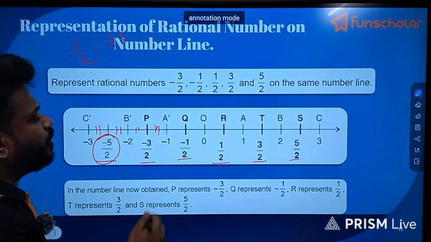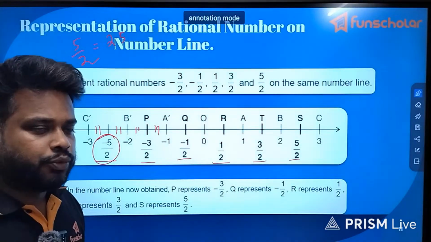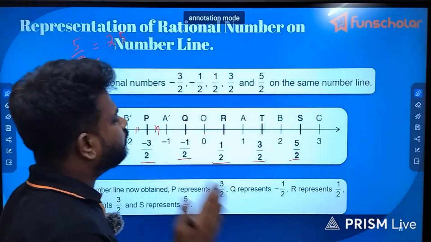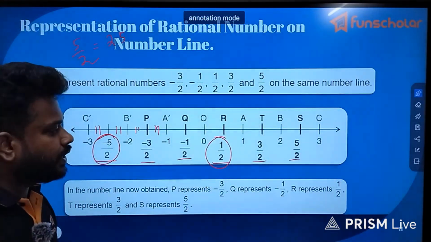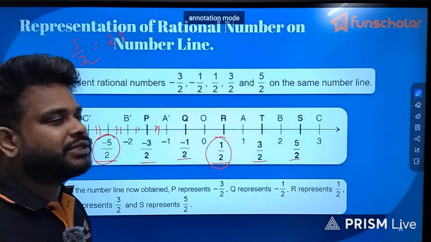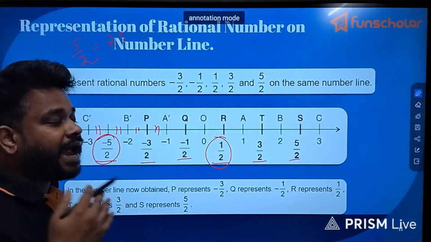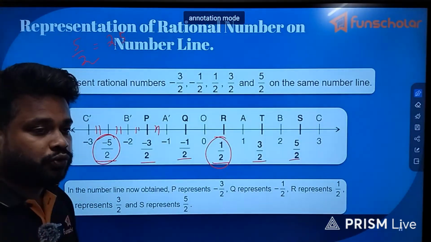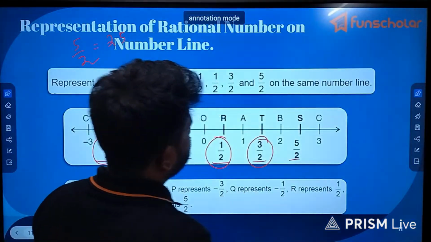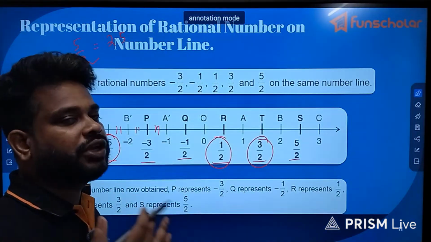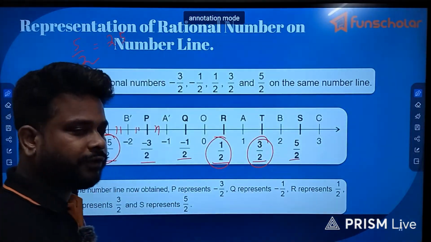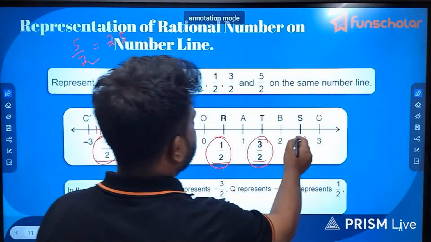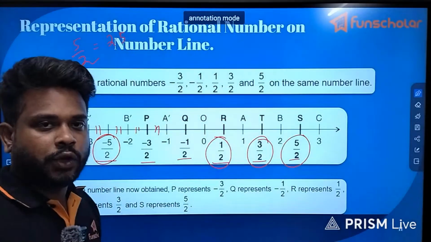The same goes for 1 by 2 as well. 1 by 2 means half, we already know that, and half lies between 0 and 1, so 1 by 2 will be lying here. And 3 by 2 means 1.5, which lies between 1 and 2, so 1 and a half, or 3 by 2, will be lying here. And 5 by 2 means 2.5, it will lie between 2 and 3.